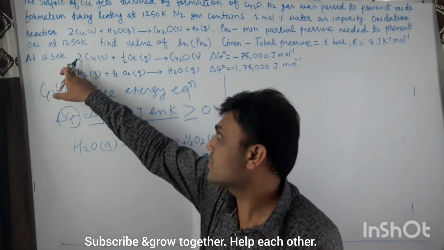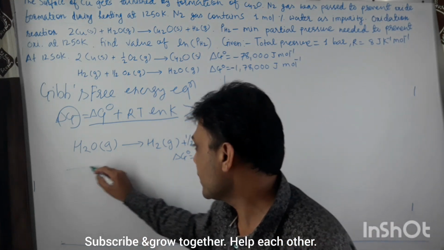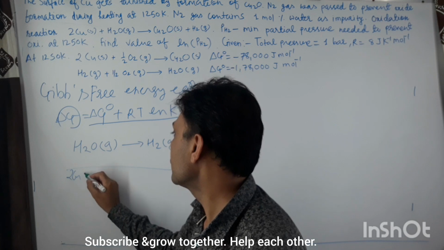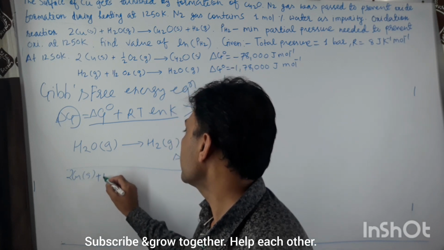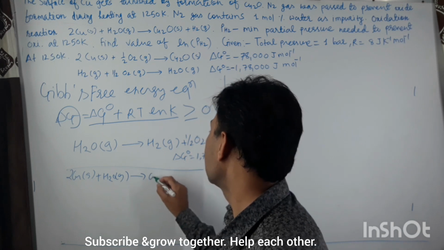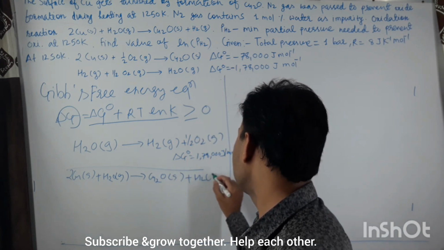Now we have to add this reaction, that is reaction number 1 and reaction number 3. So we will get this reaction, that is 2Cu solid plus H2O gas gives Cu2O solid plus H2 gas.